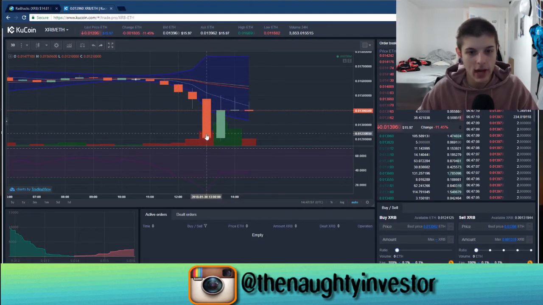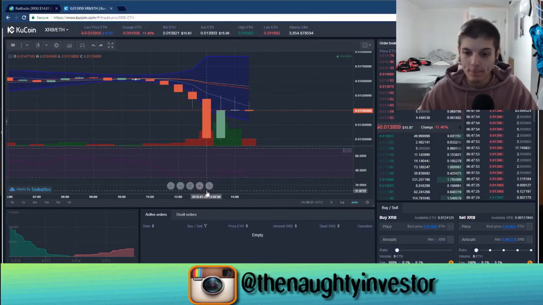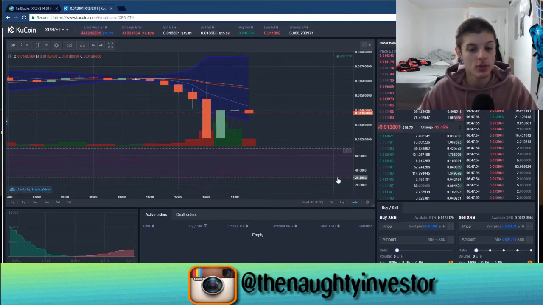This huge red candlestick. And RSI way oversold compared to where we were just looking at a few days ago. This is way oversold. It's under 20. Anything under 30 is considered oversold, but this goes under 20, which is huge, which is a good buying opportunity if you're interested in RaiBlocks.